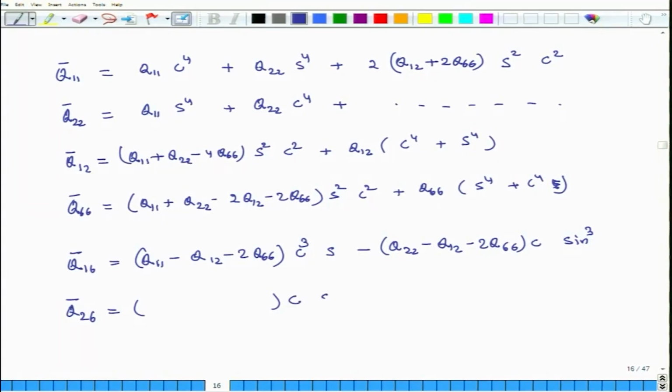So, it is cosine theta times sine cube theta times this entire term, minus cosine cube theta times sine theta times the other. We will make some more observations based on these relations.